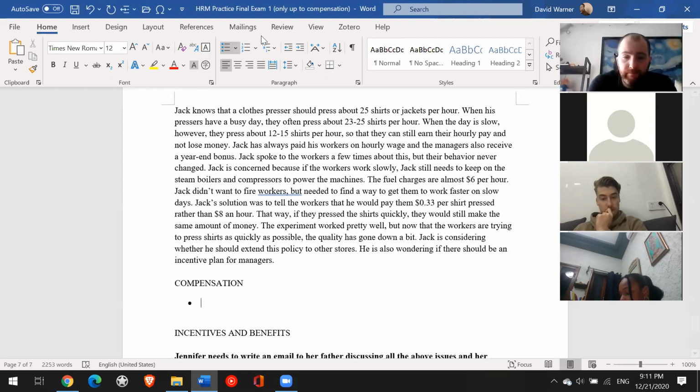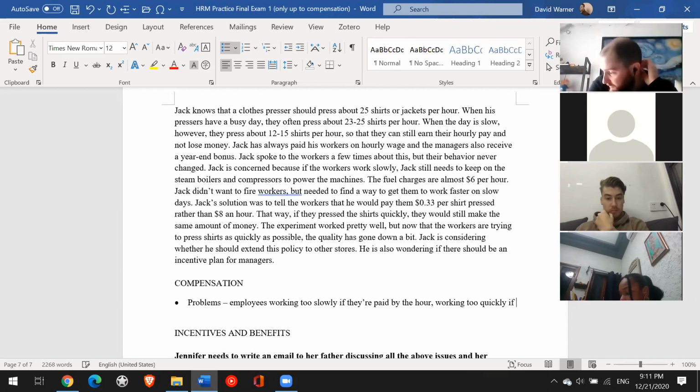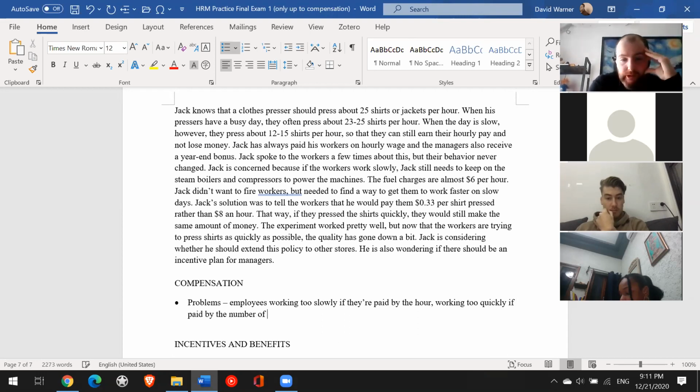So with compensation, what are we talking about here? We could talk about the problems. What are some of the problems here? Employees working slowly when the hours are slow, or sorry, not so busy. Okay, so they work too slowly if paid by the hour, too quickly if paid by the number of items.